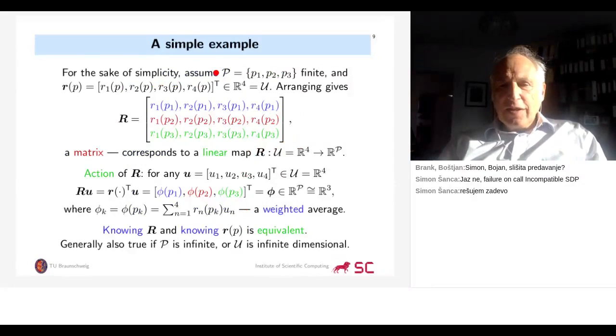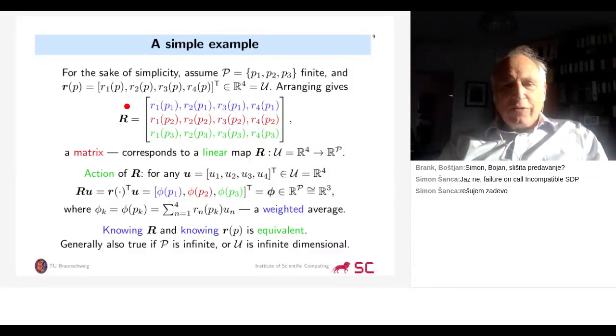Assume, for instance, that the space where the parameters come from has just 3 values. So it's finite, which makes it very simple. And that the parametric object has 4 dimensions, so it's a 4-dimensional object. So the P can take 3 different values, and they're listed here. This is P1, the blue one, P2, the red one, and P3, the green one. I arrange this here in the matrix.